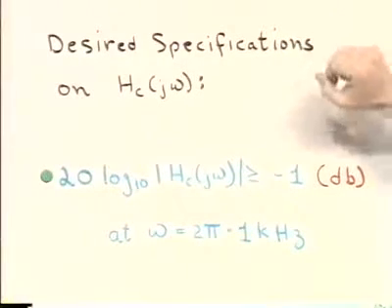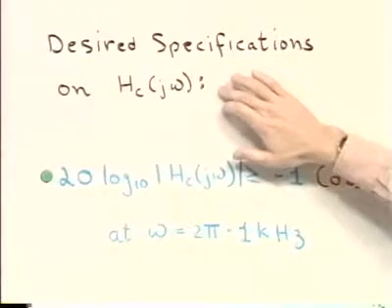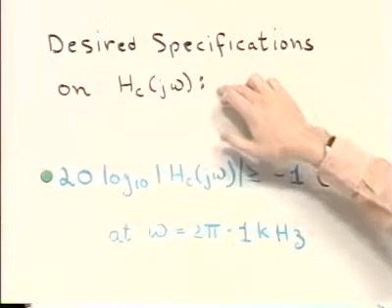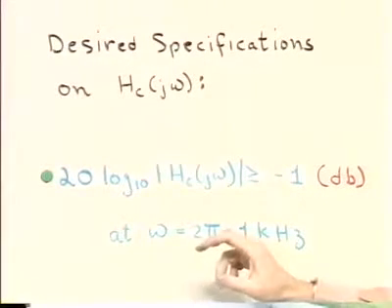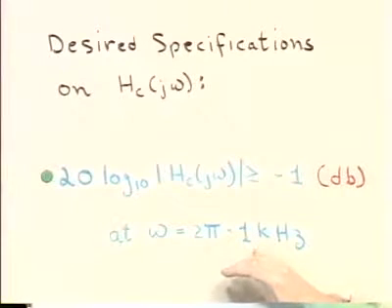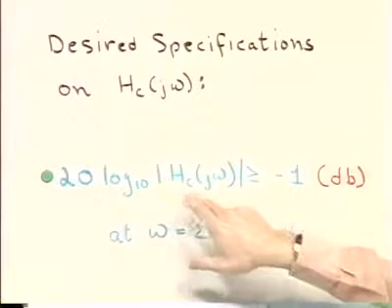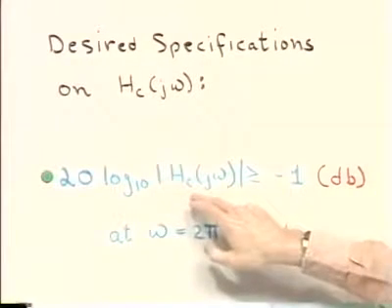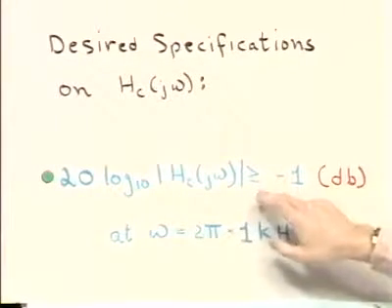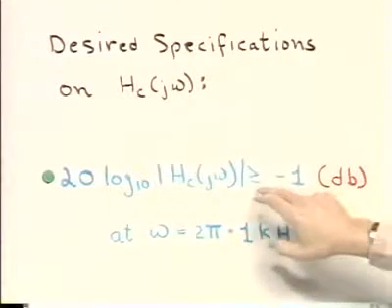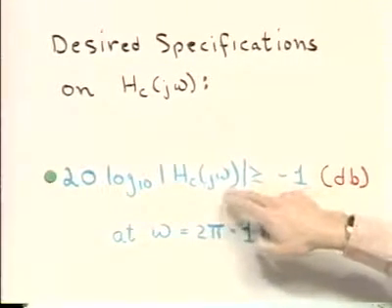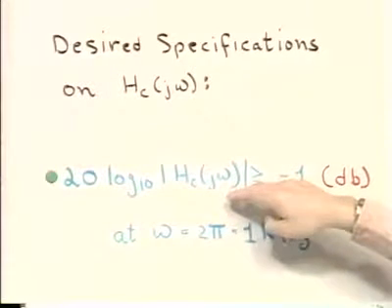And what I'll pick for the desired specifications on the continuous time filter is that at 1 kilohertz, I will ask that the continuous time frequency response be down by no more than 1 dB in comparison with its value at omega equals 0.